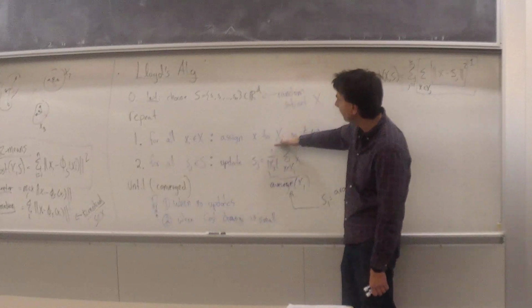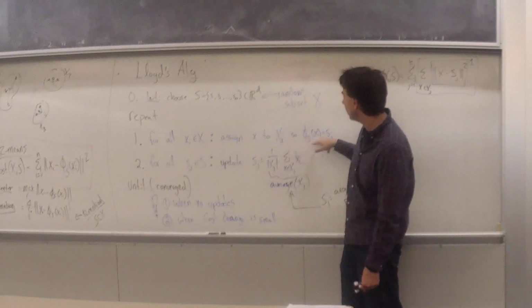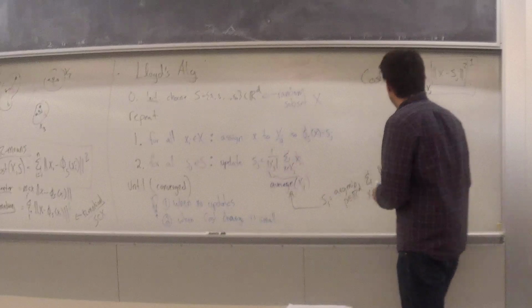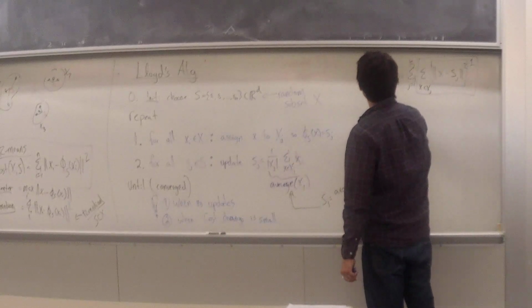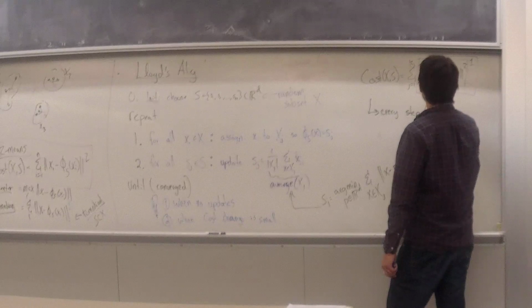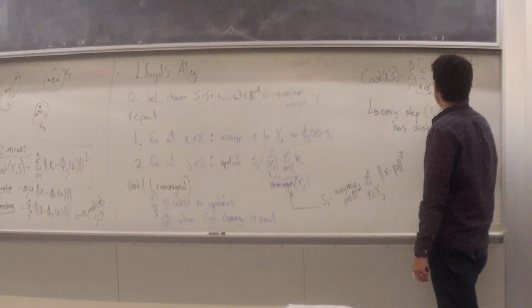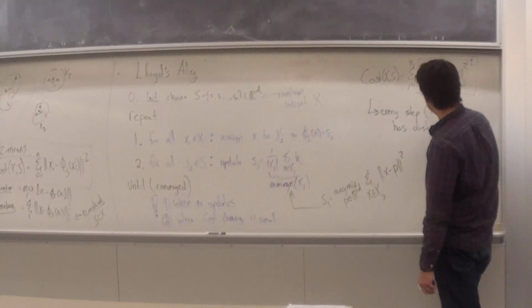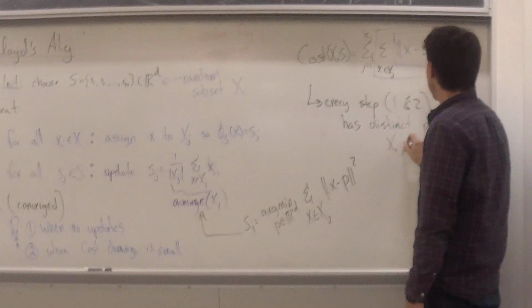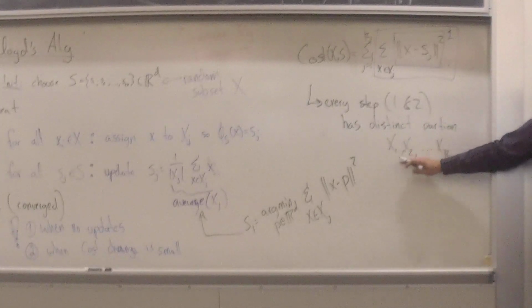Every time I start the top of the loop, I have a different implicit assignment of this set of x points mapped into this set of partitions x1, x2, up to xk. Right, so I partition the points in a different way every time through.